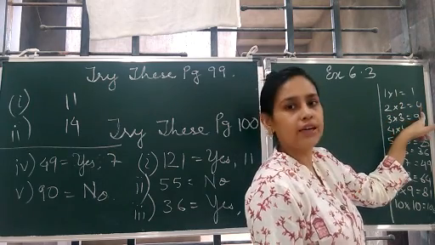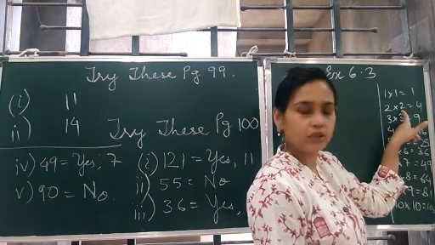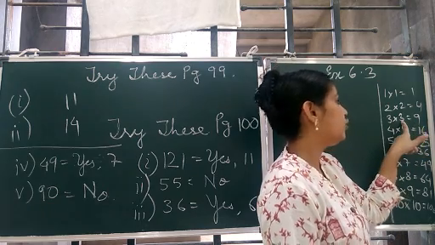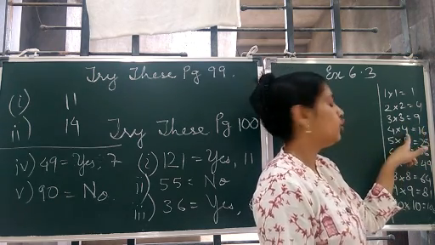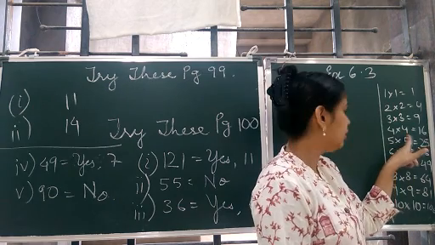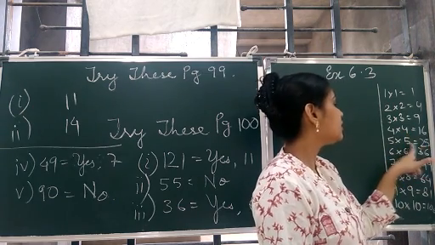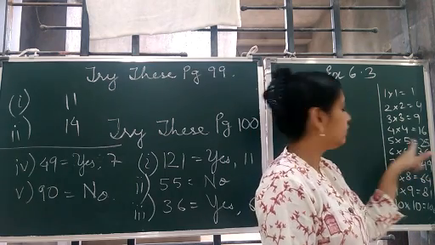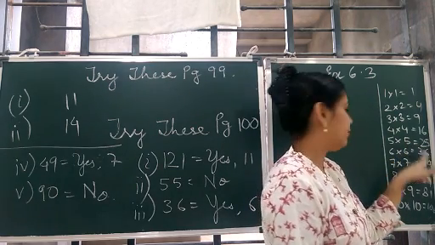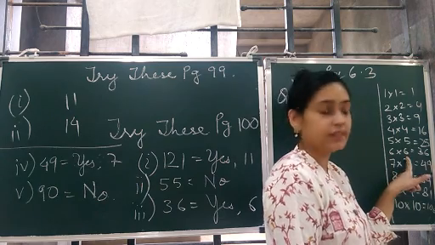Okay. Now wherever there is 1 in the question, that means its units place will be 1. Wherever there is 4, its units place will be 2. Wherever there is 9, units place will be 3. Wherever there is 6, units place will be 4. Similarly, wherever there is 5, units place will be 5. Wherever there is 6, units place will be 6.